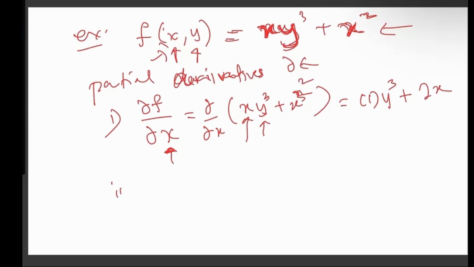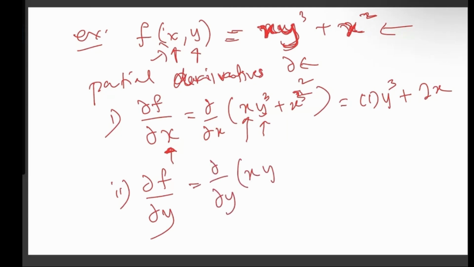Next, we do the partial derivative for dy: d over dy of x y to the power of 3 plus x to the power of 2.